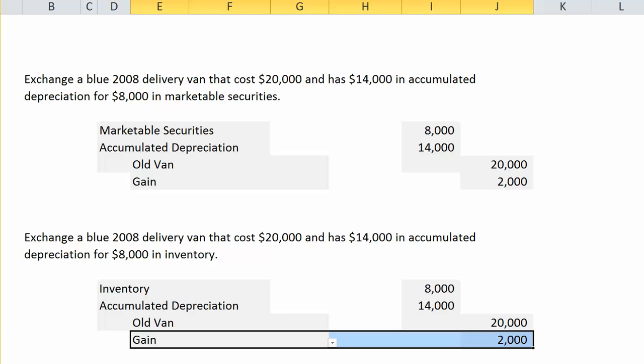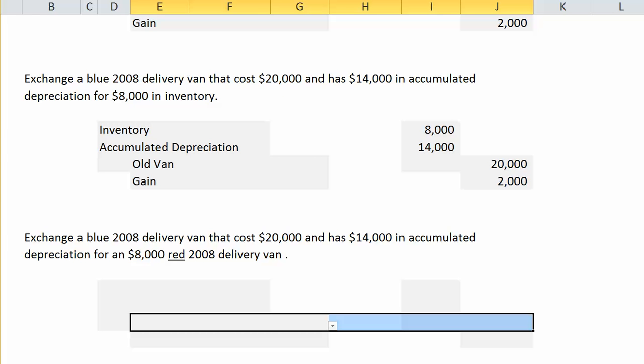So it didn't matter whether we exchanged our van for cash, for marketable securities, or for inventory. In all three cases, we recorded a $2,000 gain because we received $8,000 in fair value for something that had a net book value of $6,000.